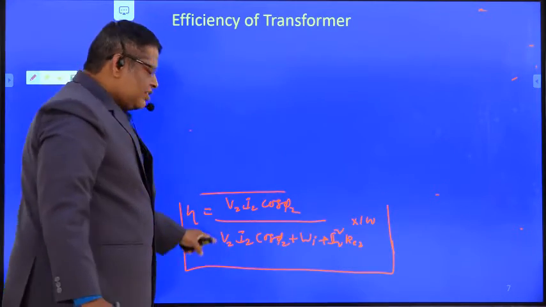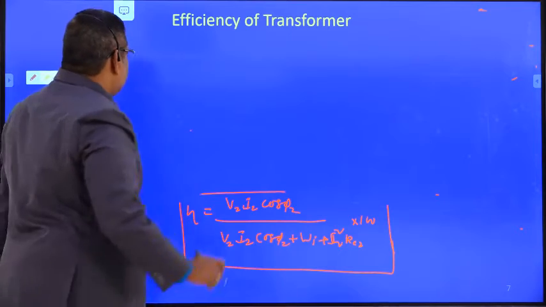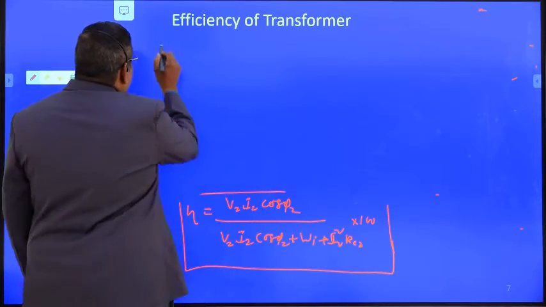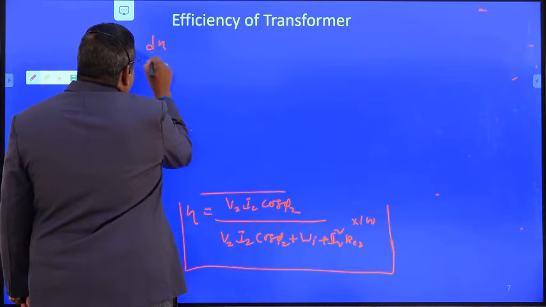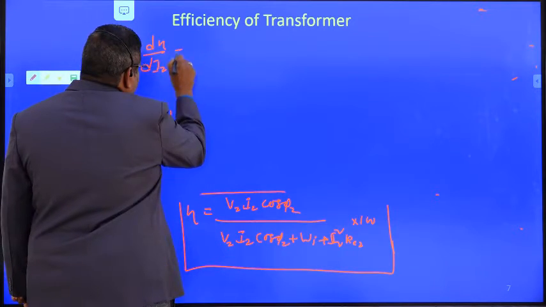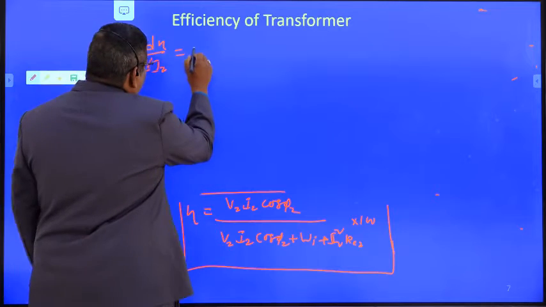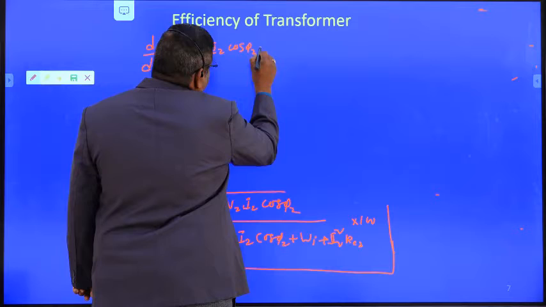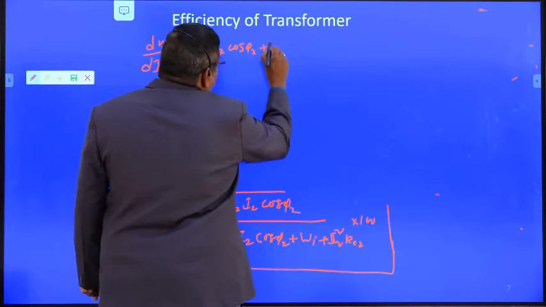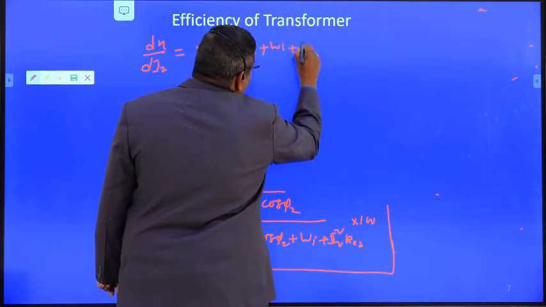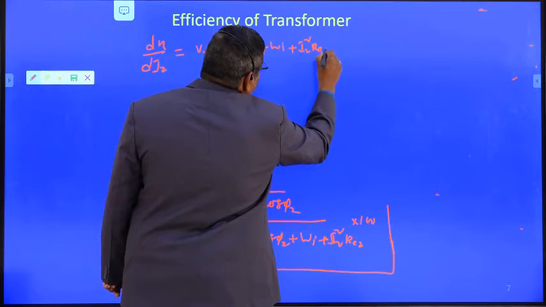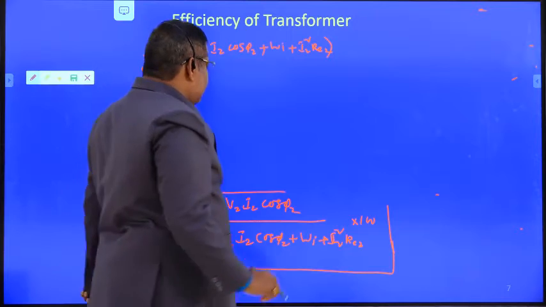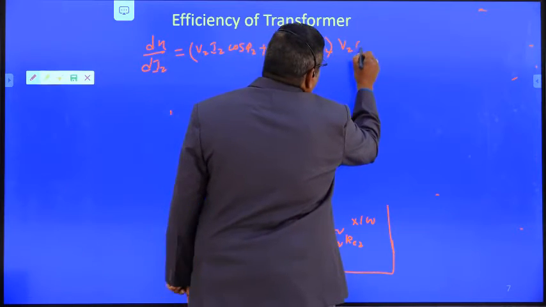Now when you differentiate this equation with respect to I2, if you apply the u by v formula, d eta by dI2 is equal to V2 I2 cos phi 2 plus Wi plus I2 square Re2 into the derivative of the numerator, which gives V2 cos phi 2.